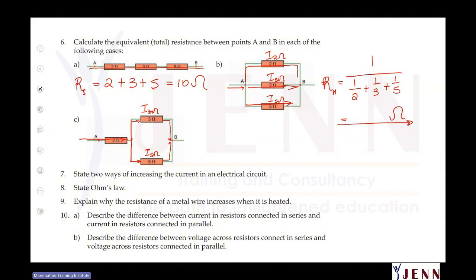Now, the effective resistance of this connection, this is a dual connection where we have parallel and series in one circuit. The effective resistance of this connection will be the resistance in series plus the resistance in parallel. The resistance in series, what we can see is that it's 2 ohms. And what is the resistance in parallel? The resistance in parallel is 1 over (1 over 3 plus 1 over 5).